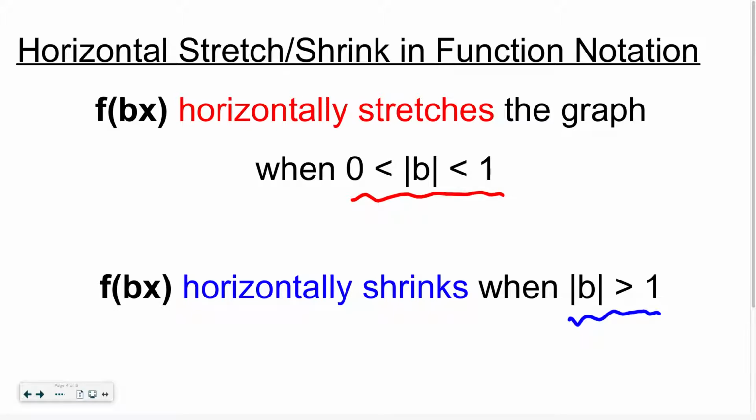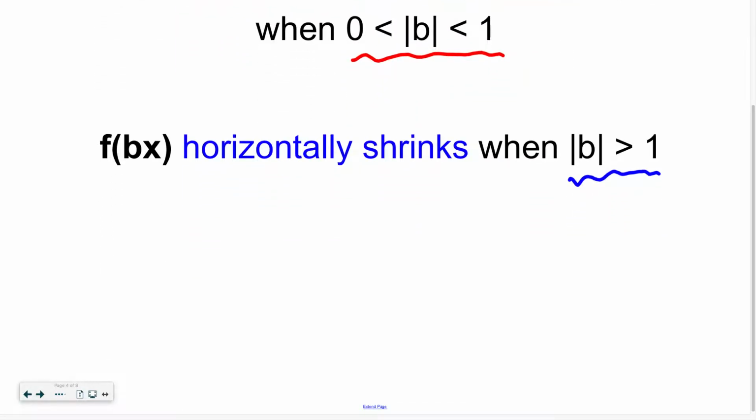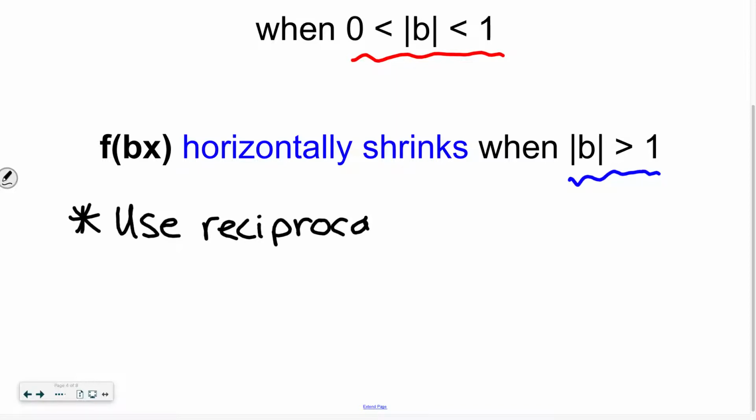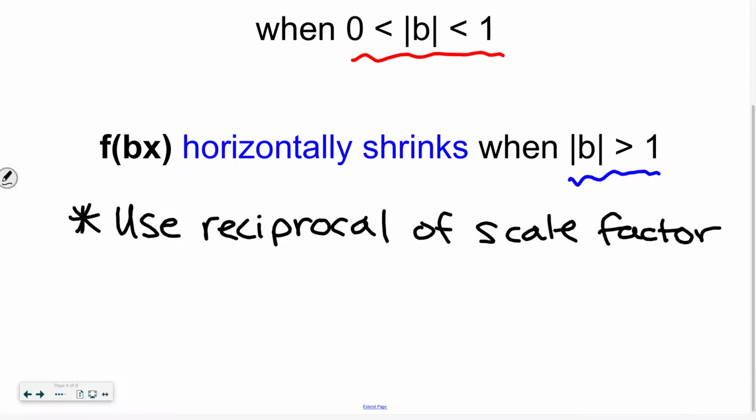So what this means, and we want to make sure we write this down in our notebooks, is that you're going to use the reciprocal of your scale factor for the value of your b.